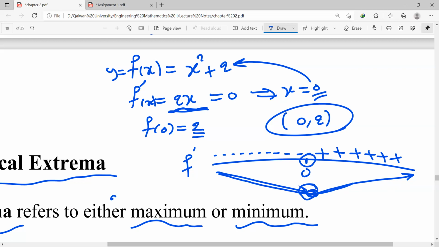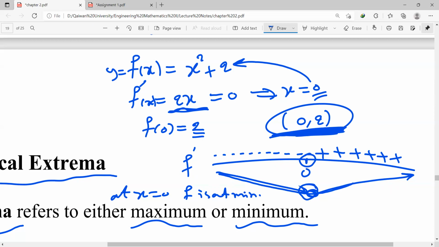That means at x equal to 0, f is at minimum. And the minimum point is (0, 2). This is the minimum point. So the critical point is a minimum point.